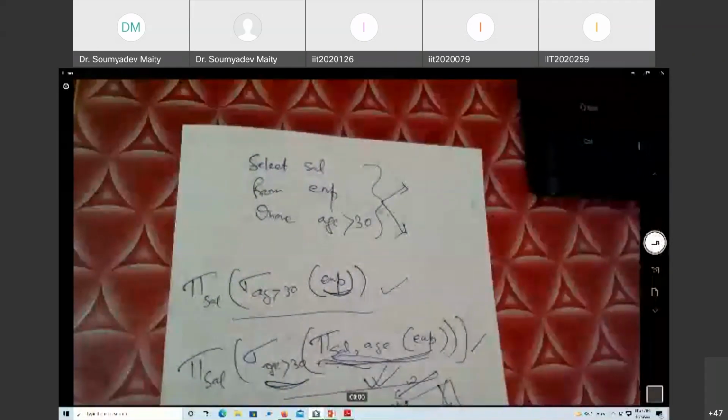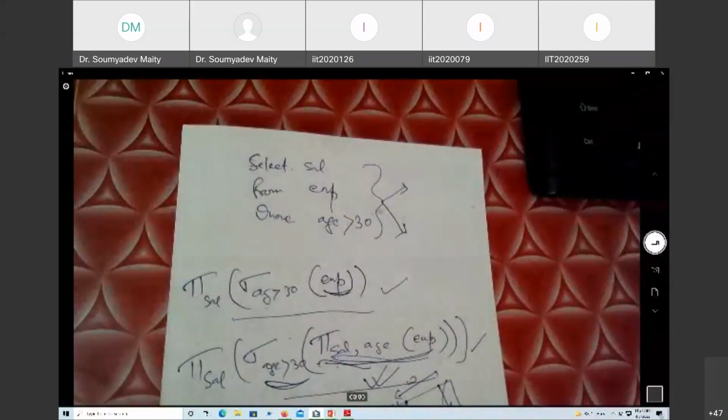Now, the second thing is that inside a relational algebra expression, we have several operations. Sigma select is an operation, pi project is an operation, join is an operation, basic operations.